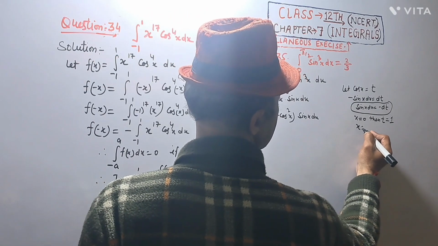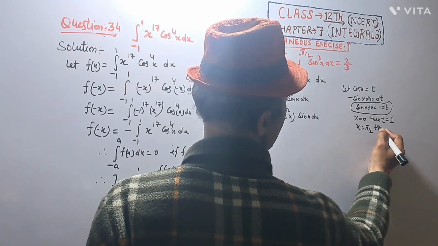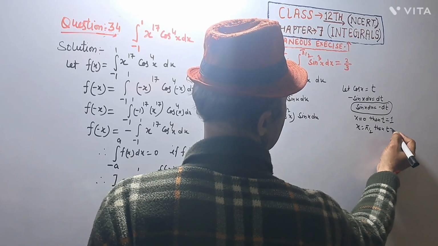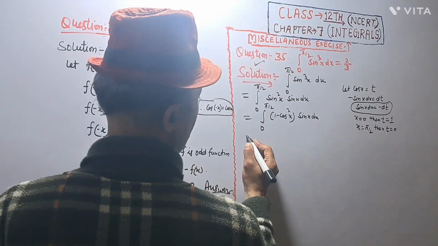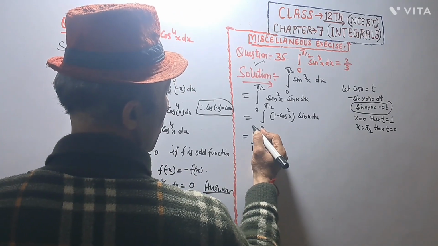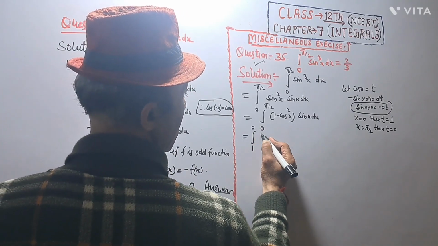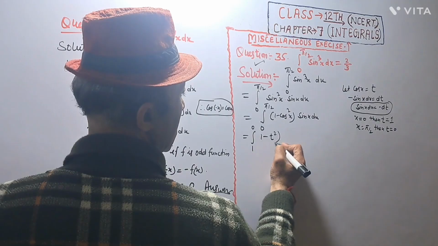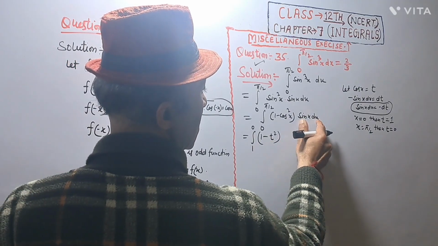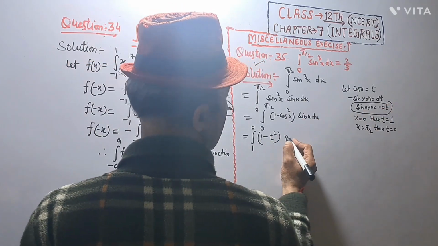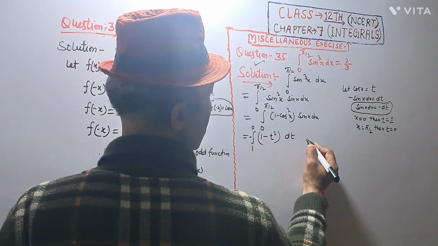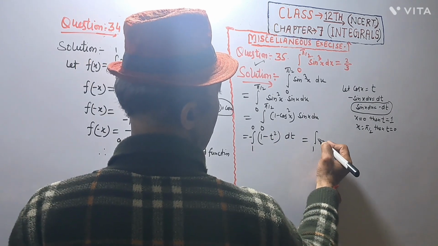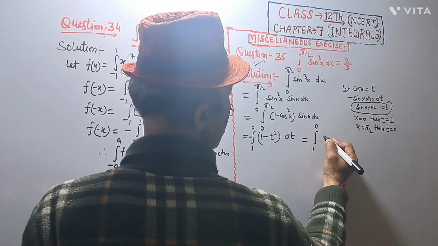And when x is equal to pi by 2, then t is equal to cos 90 degree, which is 0. So the limits are 1 to 0, 1 minus t square into minus dt, and minus is out of the integration.